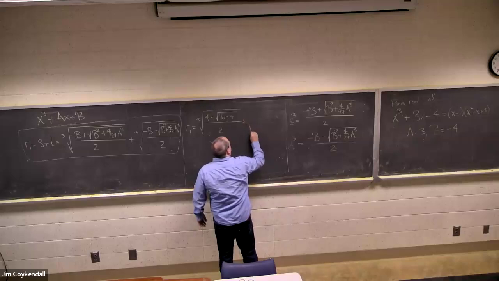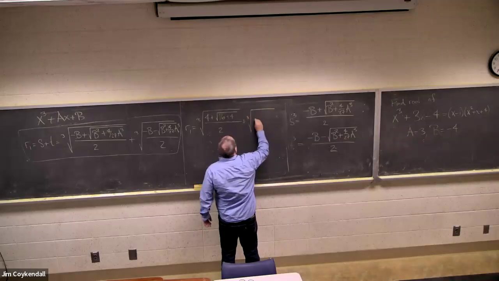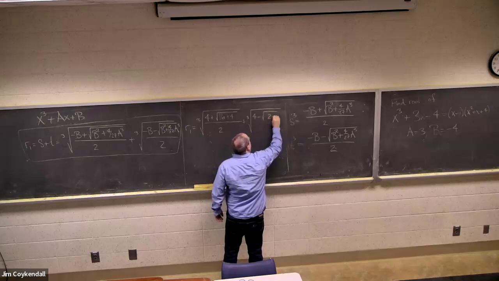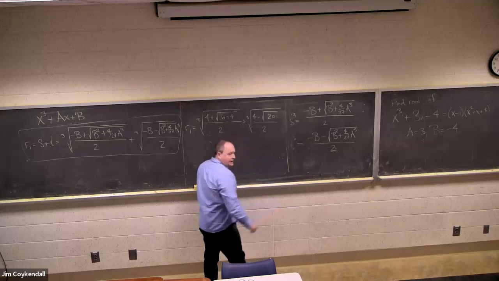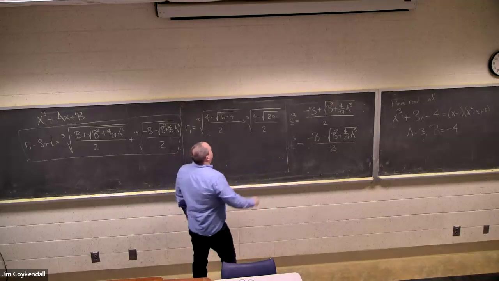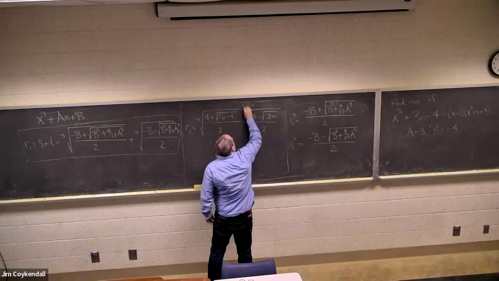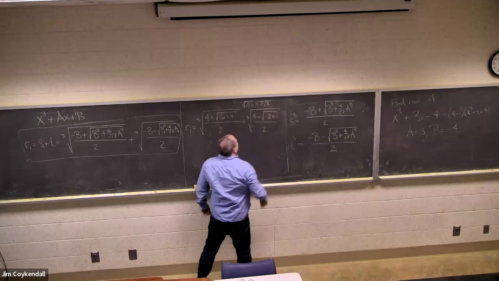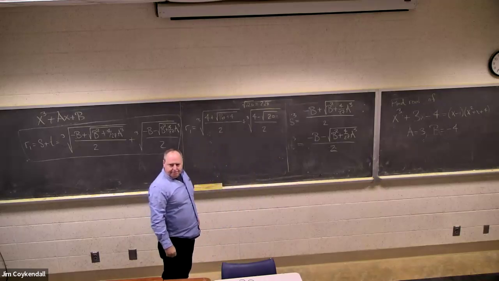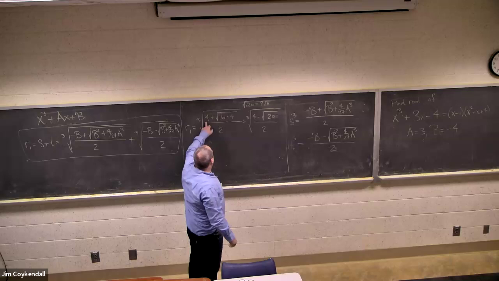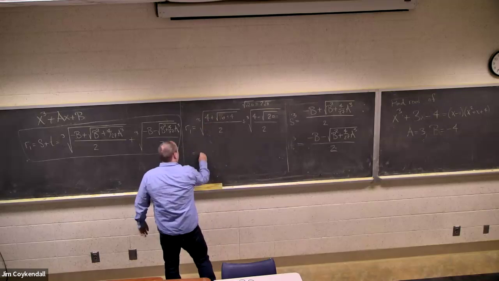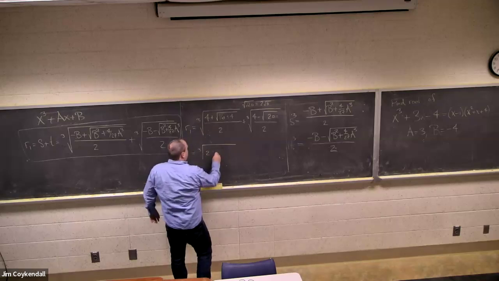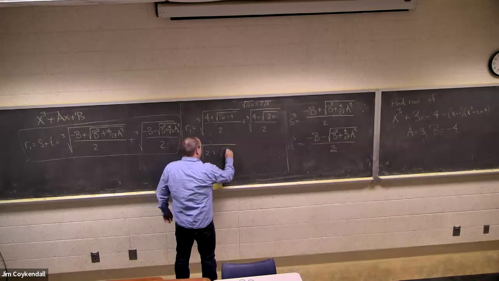And the other piece should be just the same thing with a minus on the square root. Now recall that the square root of 20 is 2 radical 5, right? So this is 4 plus 2 radical 5, so this is the cube root. 4 over 2 is 2, 2 radical 5 over 2 is radical 5.